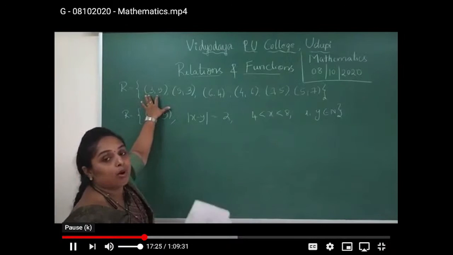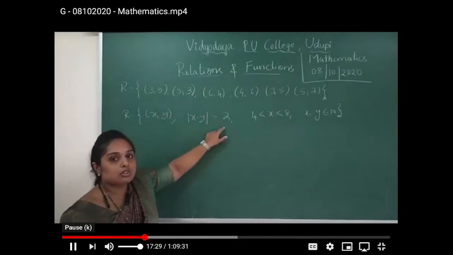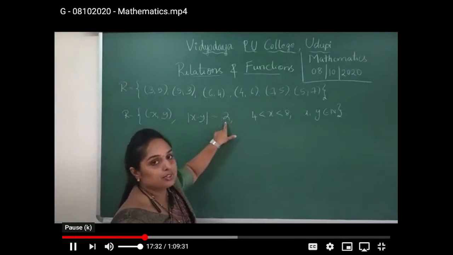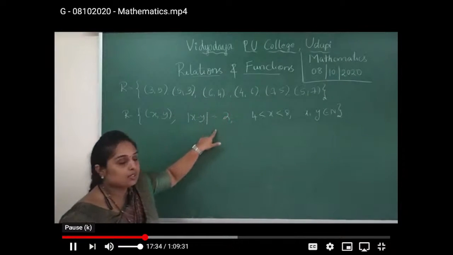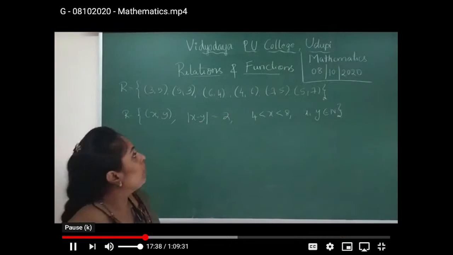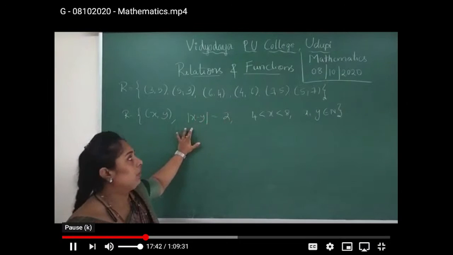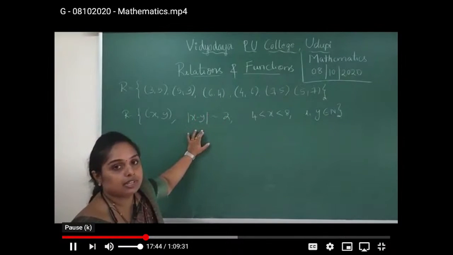Mod of 3 minus 5 is plus 2. Mod of 5 minus 3 is also 2. Mod of 6 minus 4 is also 2, and 4 minus 6 is also 2. Whenever mod comes, minus 2 will become plus 2. So all the elements are satisfying this relation.